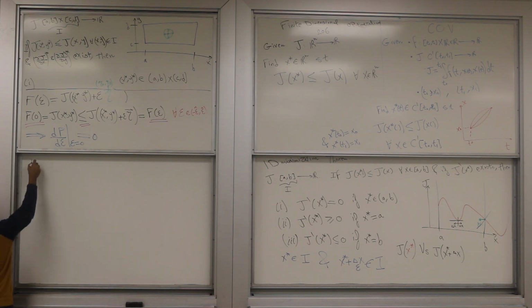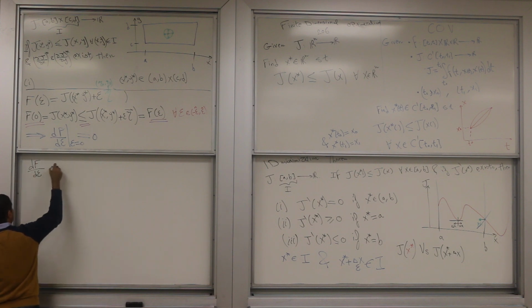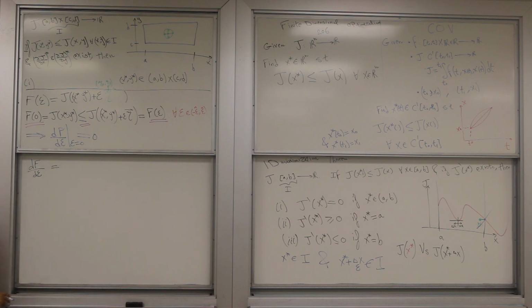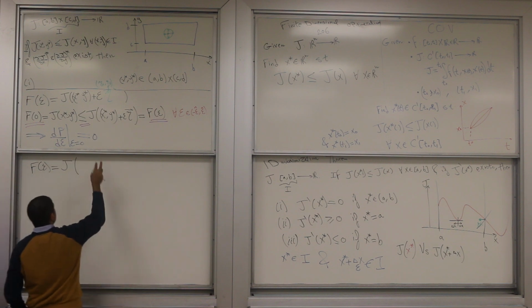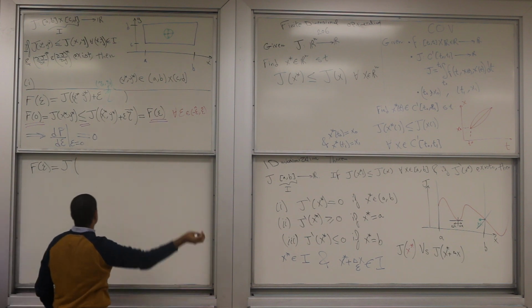So df by d epsilon, and I'm going to substitute epsilon equals 0. So let's write f first just to make it clear. f of epsilon is J of the optimum point plus epsilon times eta.